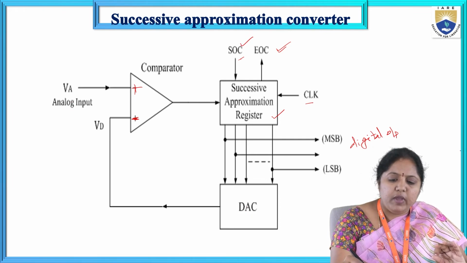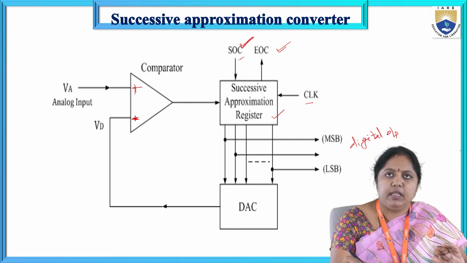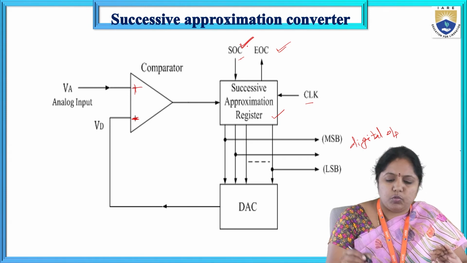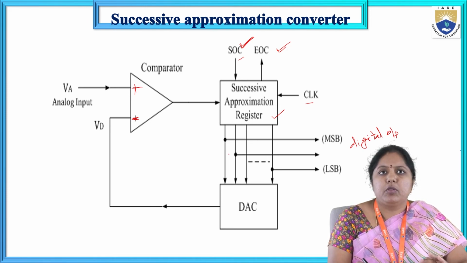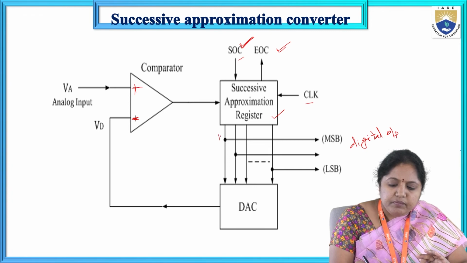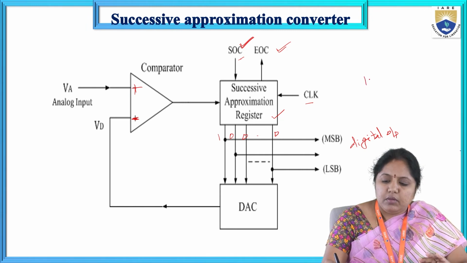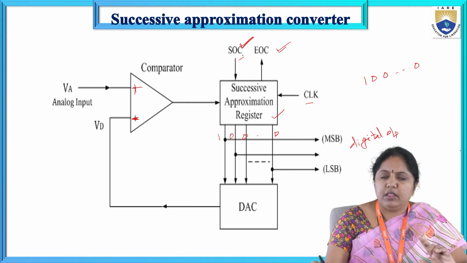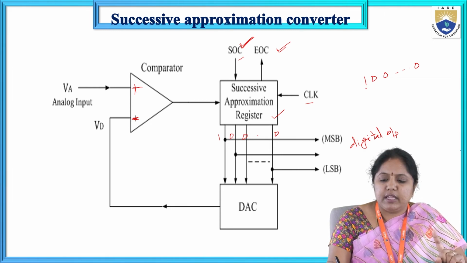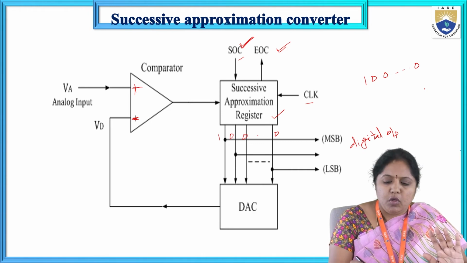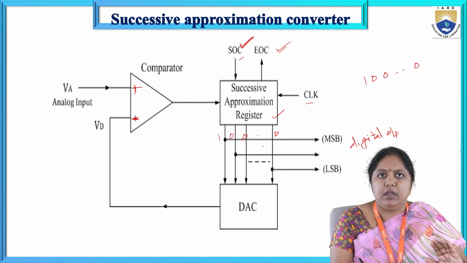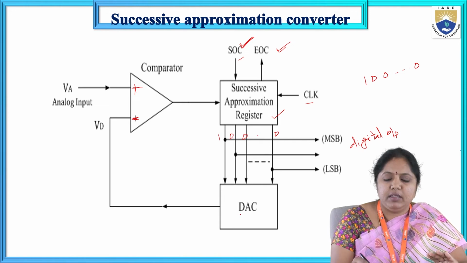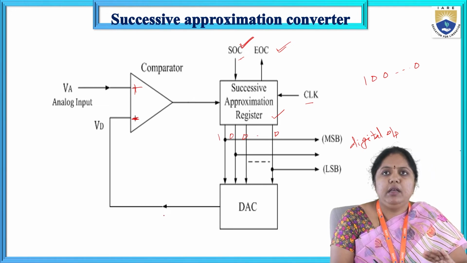First thing, when I start the SOC, immediately the successive approximation register will make the outputs 1000. Once I start the SOC, the first step it takes is to set the MSB bit value equal to 1, and the remaining bits are all 0. For this digital input, the DAC circuit will convert it into the equivalent analog output.